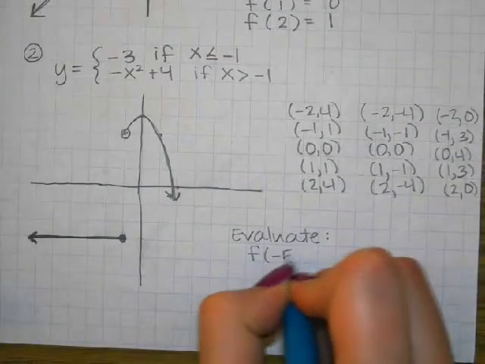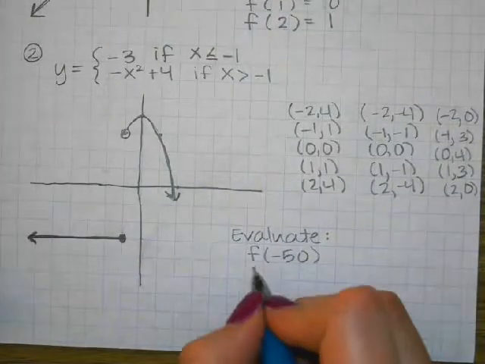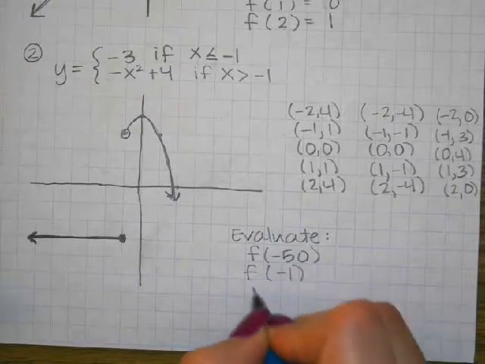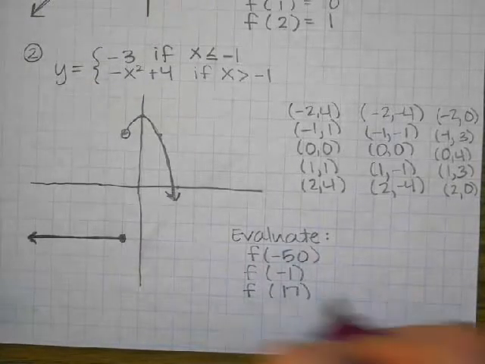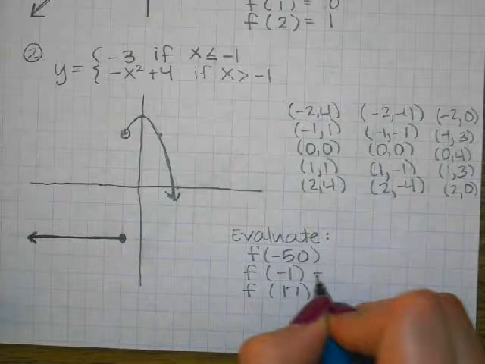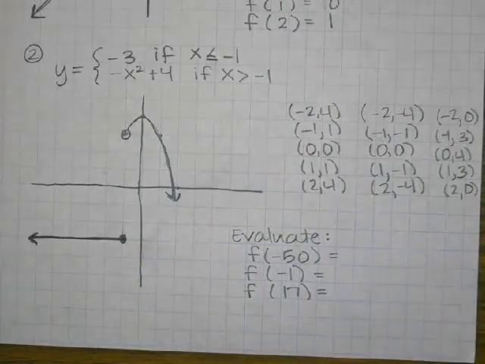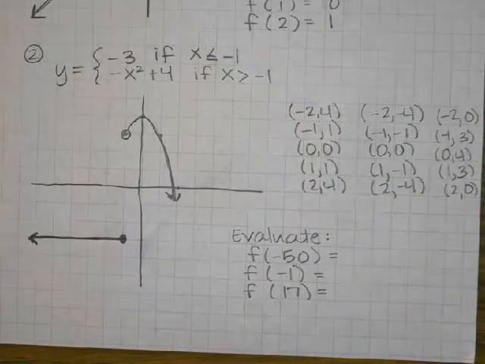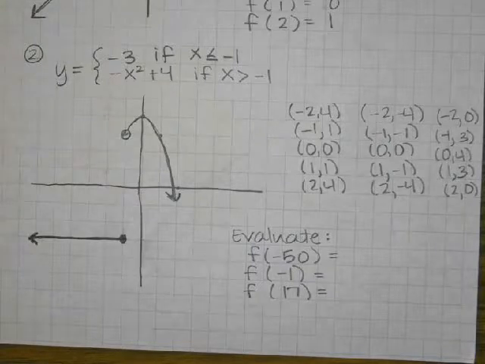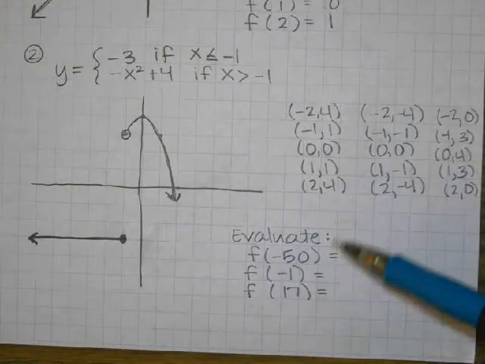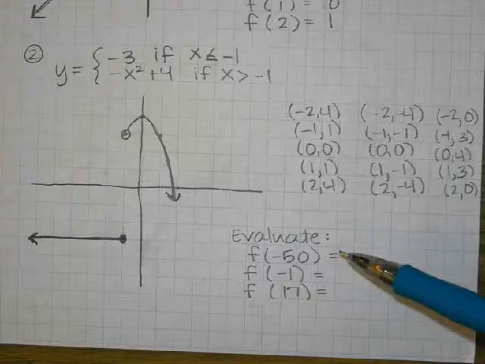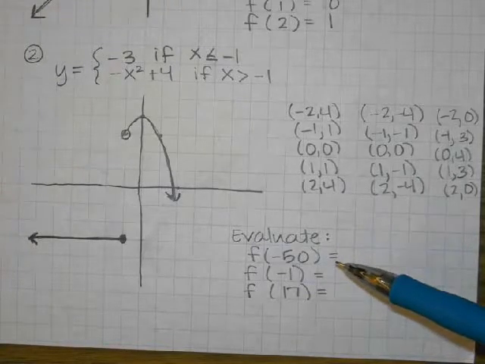And we're going to plug in -50, -1, and 17. If you want to plug in -50, that's clearly pretty far off your graph.